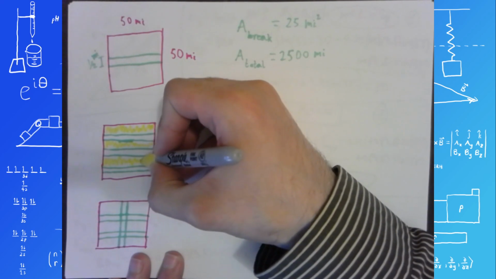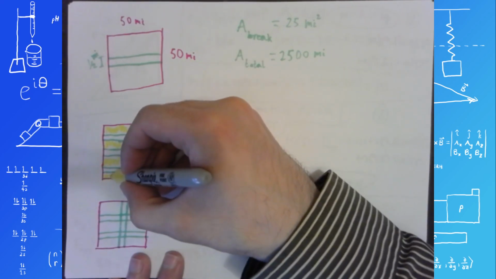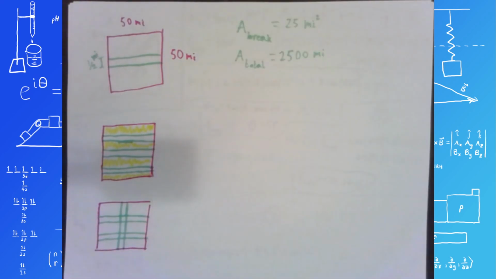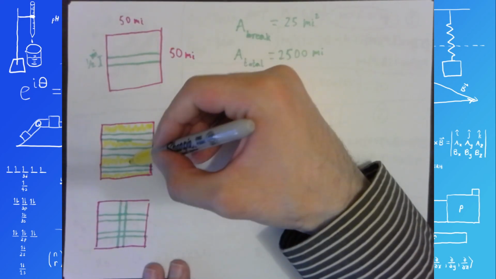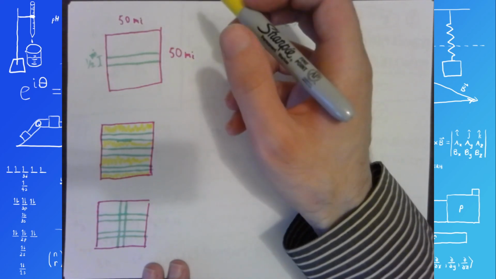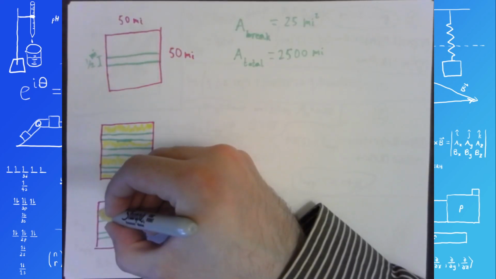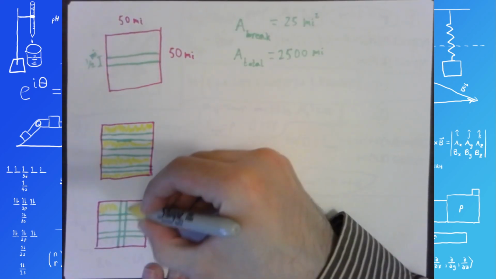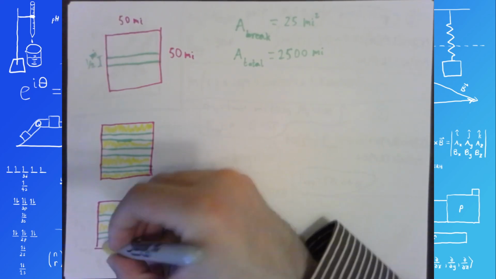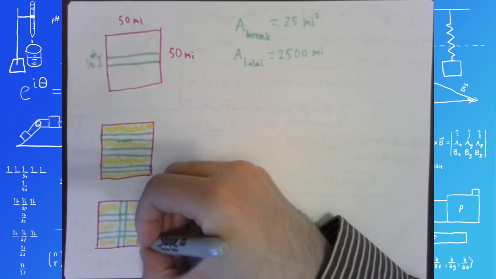They're supposed to be equally spaced, but I was eyeballing it, so I couldn't really pull that off. Maybe I should have used a ruler, but hopefully that doesn't bother you too much. So I've got 1, 2, 3, 4 areas. If one of these areas catches fire, the other 3 are safe, versus over here I've got 6 different areas, and if one of them catches fire, the other 5 are safe.